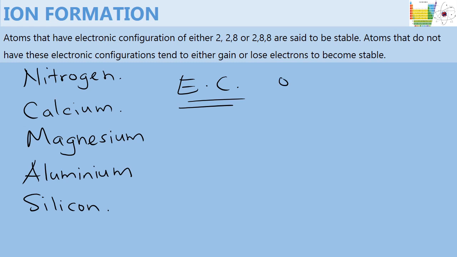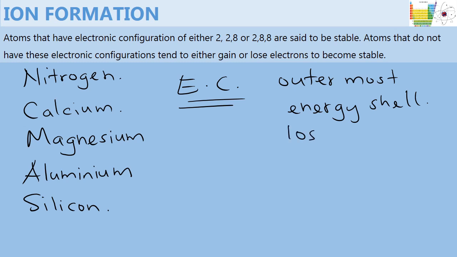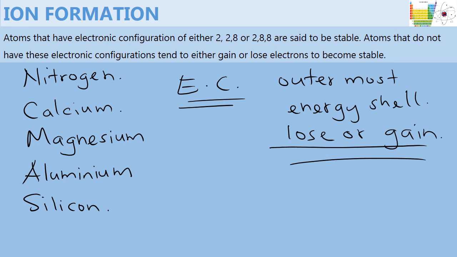Then you check at the outermost energy level or energy shell, and see how many electrons it may require to lose or gain to become stable. Work that out, take a few minutes, pause the video, and then come back.